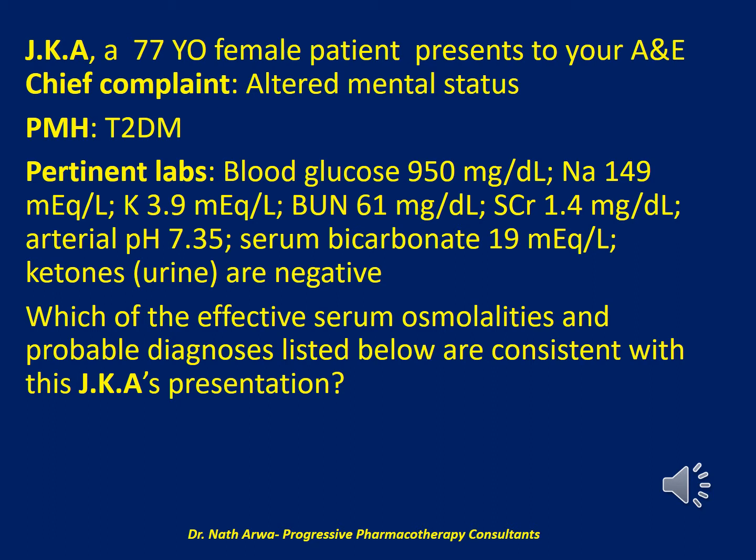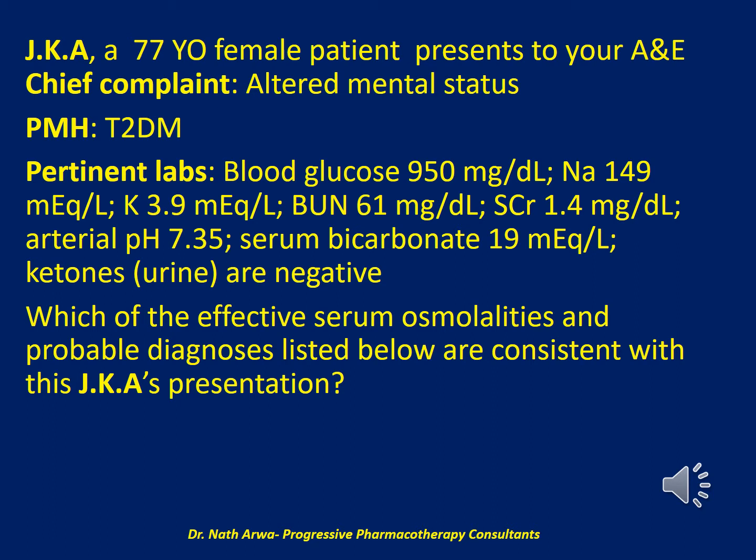Her pertinent labs include blood glucose 950 mg per deciliter, sodium levels of 149 milliequivalents per liter, potassium levels of 3.9 milliequivalents per liter, a BUN of 61 mg per deciliter, serum creatinine of 1.4 mg per deciliter, arterial pH of 7.35, serum bicarbonate 19 milliequivalents per liter, and ketones in urine are negative.